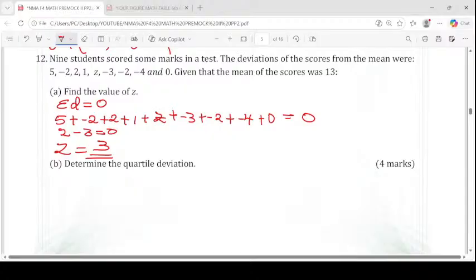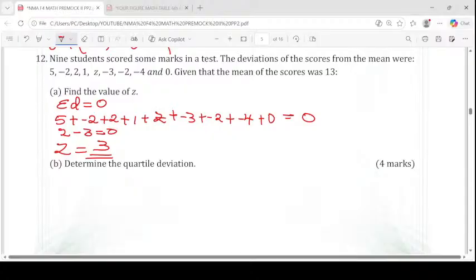I hope I've done that summation correctly. Was 4 negative or positive?